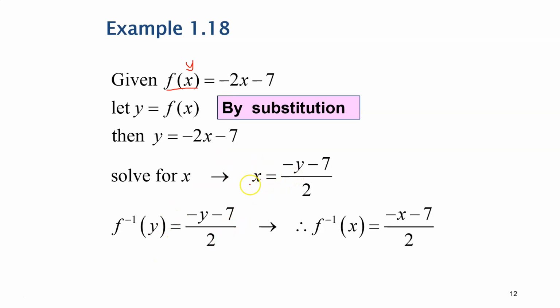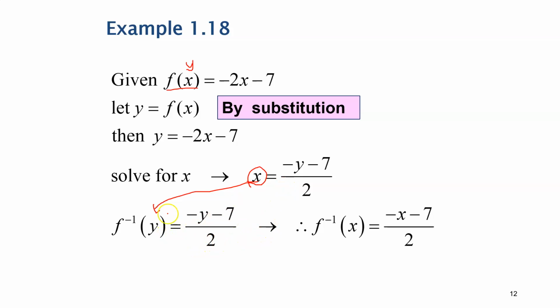Now you have this x, right? So for the inverse of y, you have this one: negative (y minus 7) divided by 2. You just substitute it with y. So you get negative (y minus 7) over 2.